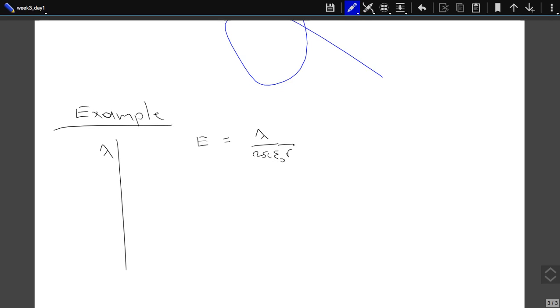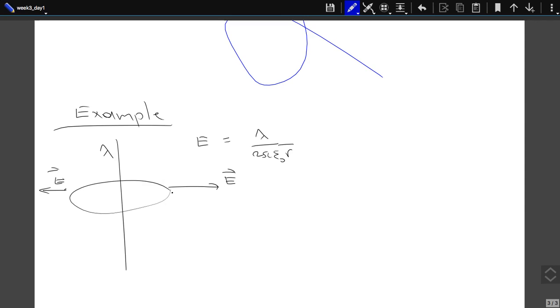Do you remember? And it was also pointing away from the wire. So at this point, it is moving in this direction. If lambda is positive, this is the electric field. At this point, it is in this direction.